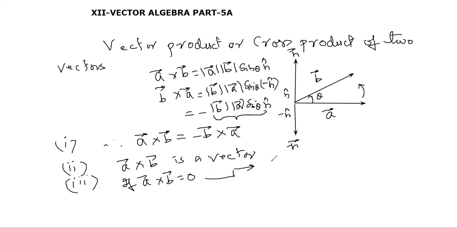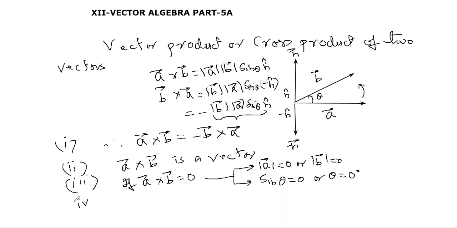Number one, either the magnitude of A is equal to 0 or the magnitude of B is equal to 0, then their product will be 0. Or if the angle theta is 0, that is sine theta is equal to 0, sine 0 degree is 0. So if the angle between them is 0 degree, or one of them is 0, then A cross B will be equal to 0.